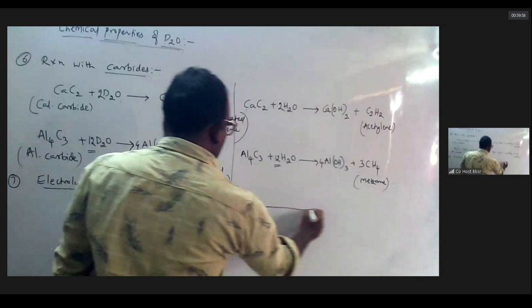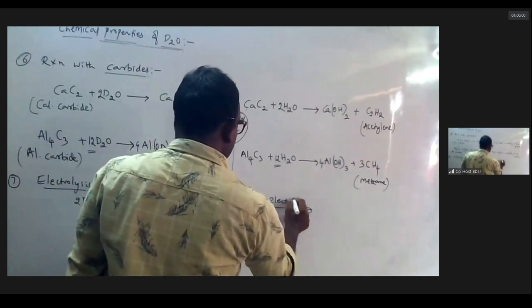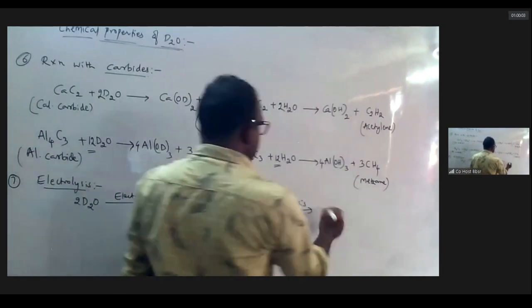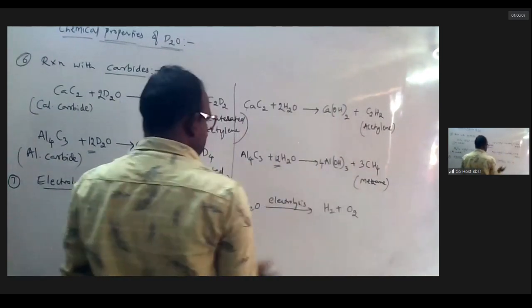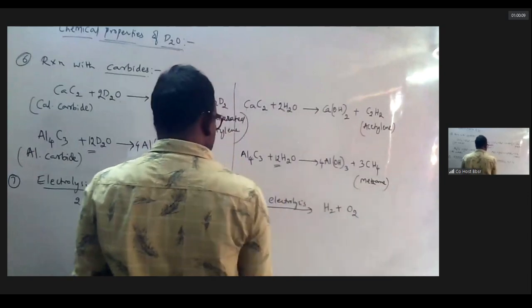H2O on electrolysis gives what? H2 plus O2. Okay? This is 2H2O.